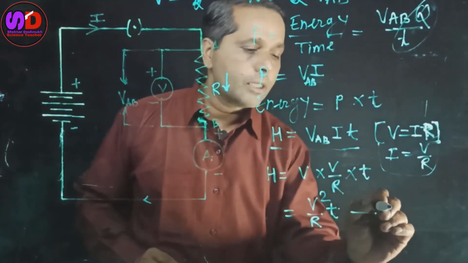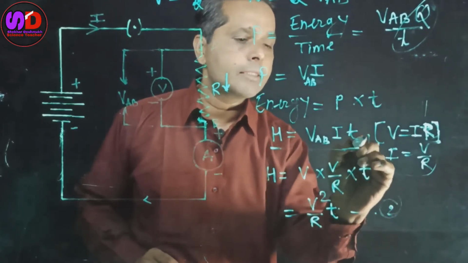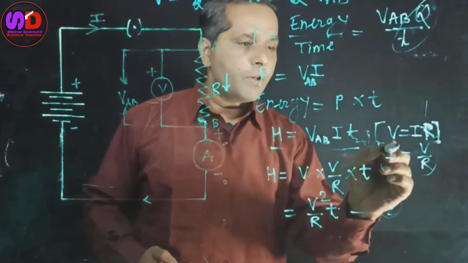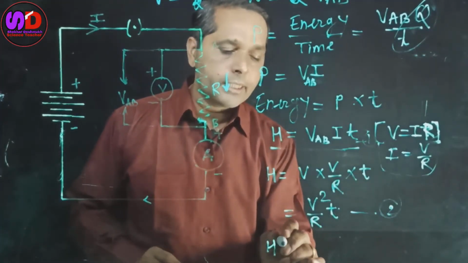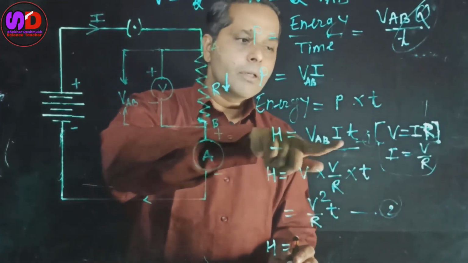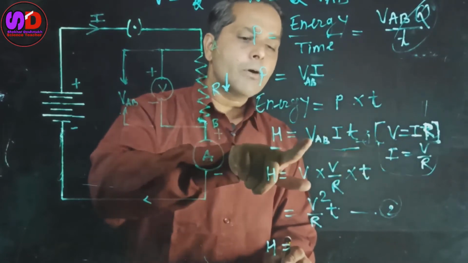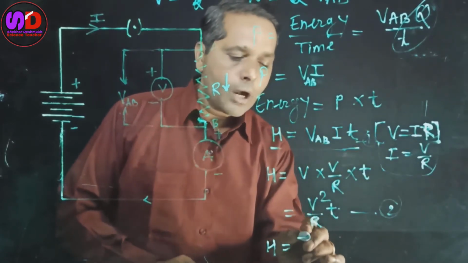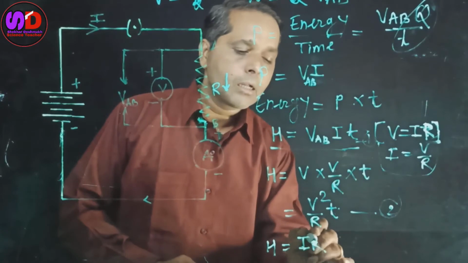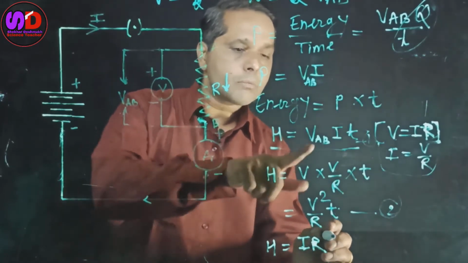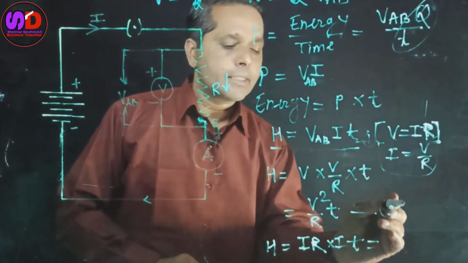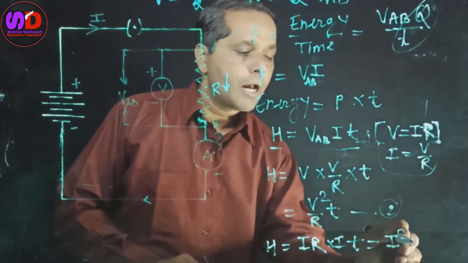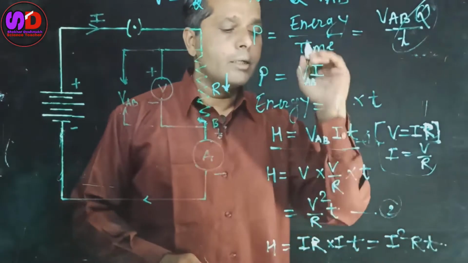So this is also an equation like the earlier one. If we place V is equal to IR, we get heat energy is equal to, instead of V, we write IR. So I into R into I into T. It is nothing but I square RT.